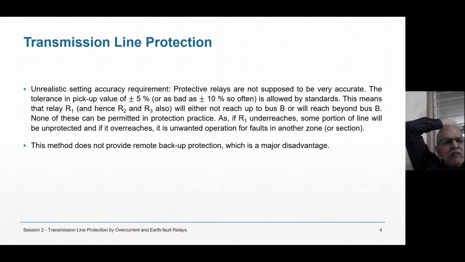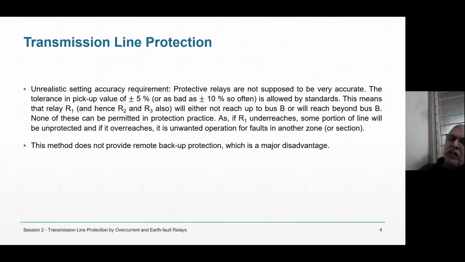But if we allow even 5%, then what happens? I want to protect a 100-kilometer long line, but the relay is allowed to make a 5% error. It means it can protect 105 kilometers or 95 kilometers. Both possibilities are wrong. Because if it protects 95 kilometers, then who will protect the remaining 5 kilometers?